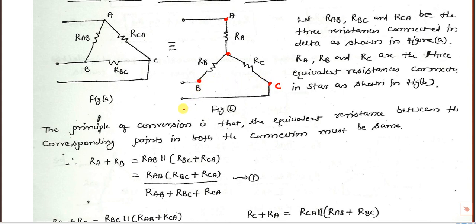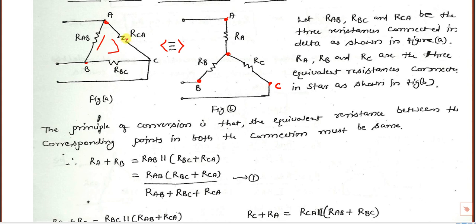Now, if this circuit and this circuit are equivalent, then the resistance appearing in delta between A and B should be equal to the resistance appearing in the star. If I consider the delta, the equivalent resistance between nodes A and B is RAB parallel with the series combination of these two.